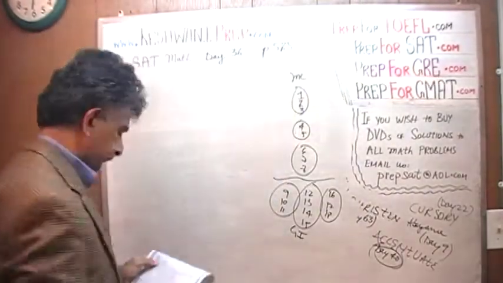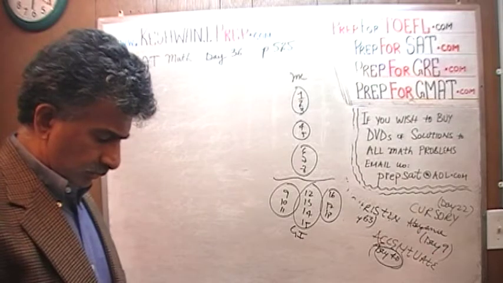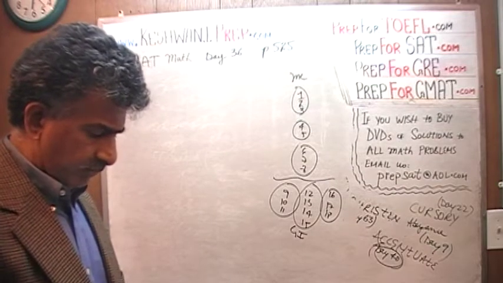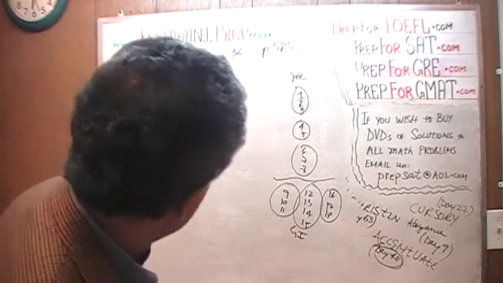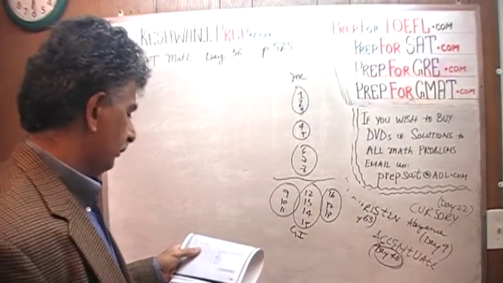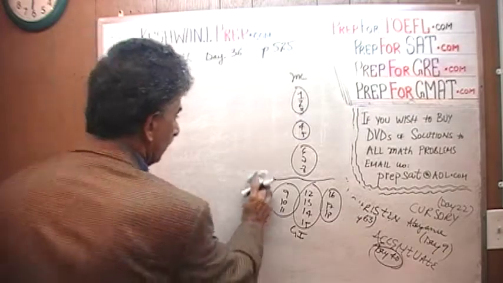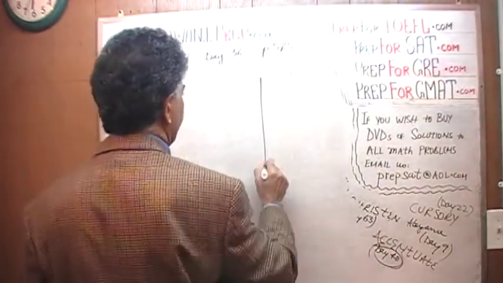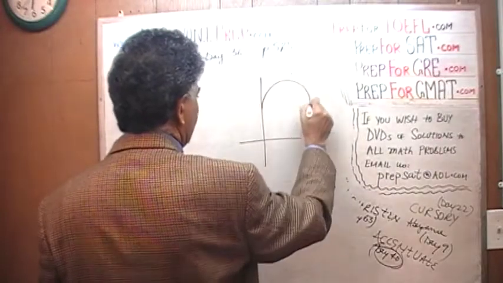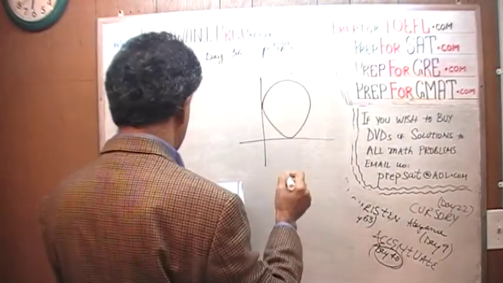Number 2. In number 2, we are given in the XY coordinate system above, the circle is tangent to the x-axis and the y-axis. The question simply is, what are the coordinates of point P? The circle is sitting there tangent to both the x-axis and the y-axis.